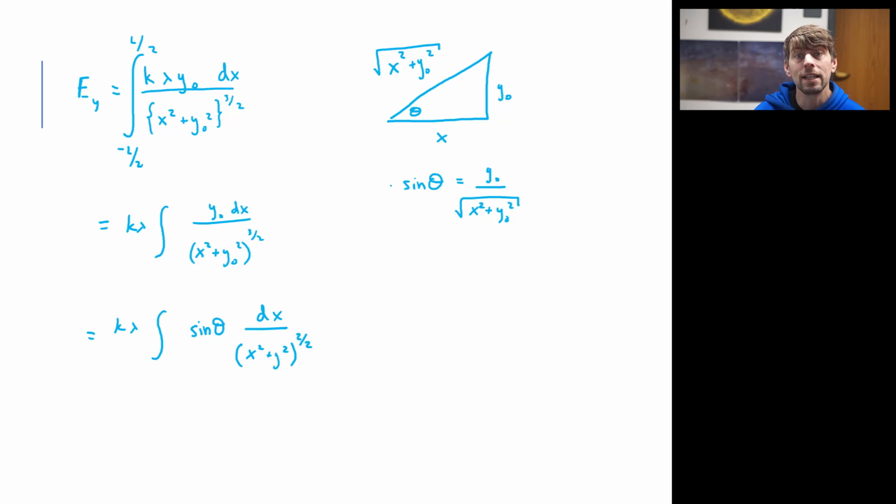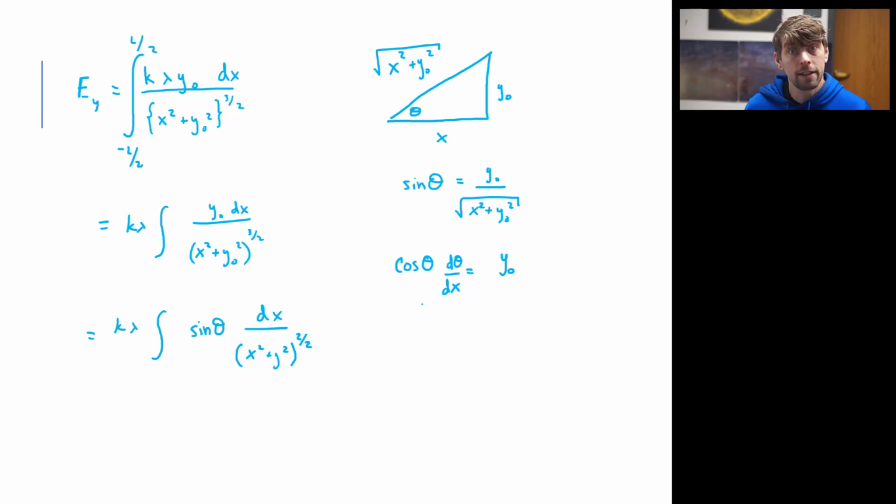I'm going to go ahead and differentiate this expression. And so I end up with something that says cosine of theta d theta dx. And over on the right-hand side of this equation, well, y naught is a constant, so I have y naught. And I can imagine you could do the quotient rule, low d high minus high d low.